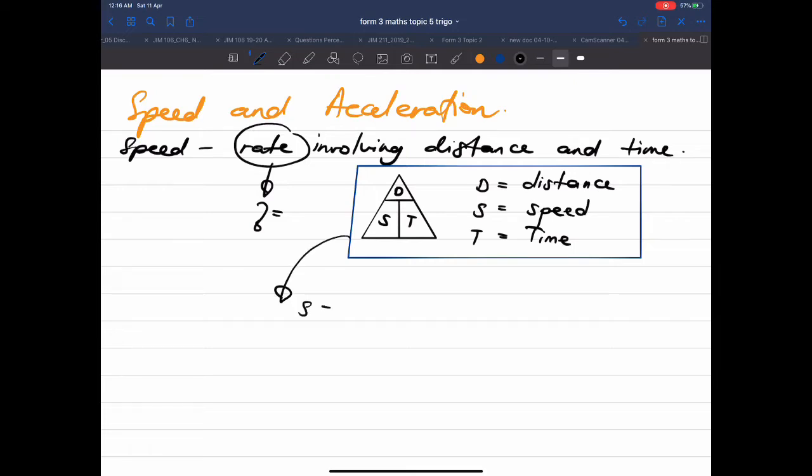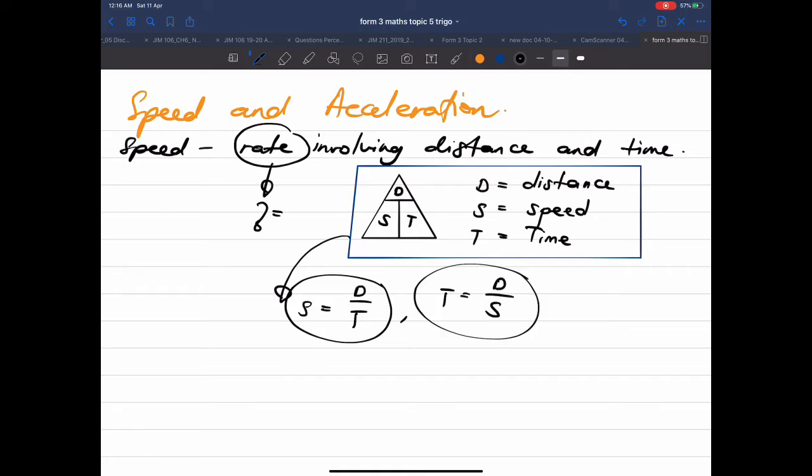To find S, you close the S with your finger. So the formula is D divided by T. Then if you want to find T, you close the T with your finger, and you'll get D divided by S. And then if you want to find D, you close the D with your finger, then D is equal to S times T. So if you know this, then everything else is easy for you.